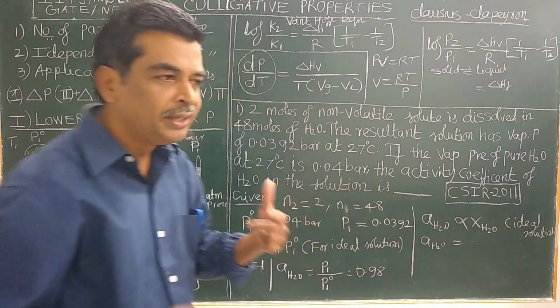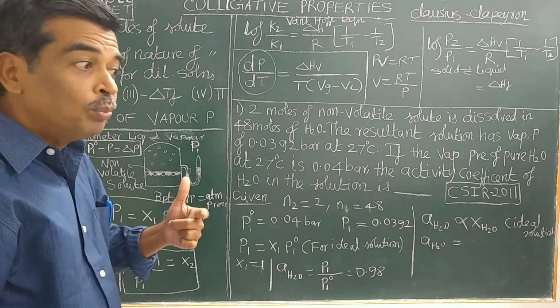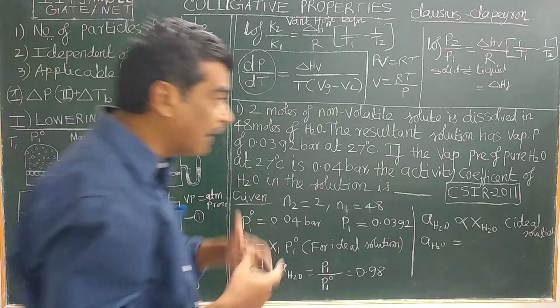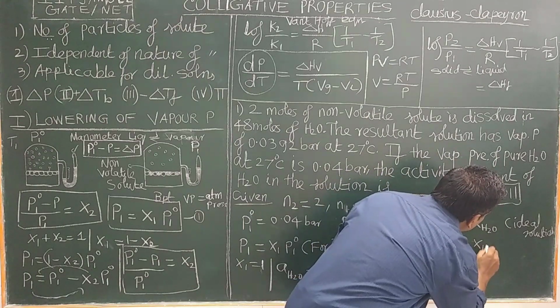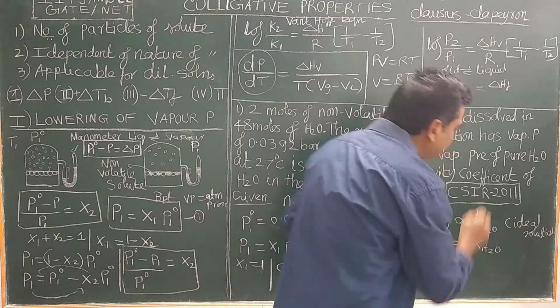For example, you are studying chemical equilibrium. The activity is nothing but concentration when the solutions are ideal. Therefore, for ideal it is x, but it is not ideal.